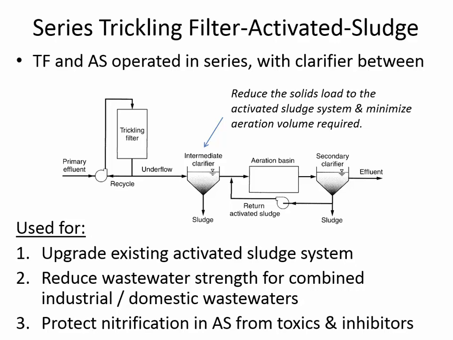Now, here it's showing that you'd have a trickling filter and then activated sludge with an intermediate clarifier between them. We didn't see that in the previous slides, where it went straight from a trickling filter to activated sludge. The purpose of having that intermediate clarifier is that if you put the sludge solids from the trickling filter into the aeration basin, you're kind of losing out on some of the good settleability of the solids that come off of the trickling filter.